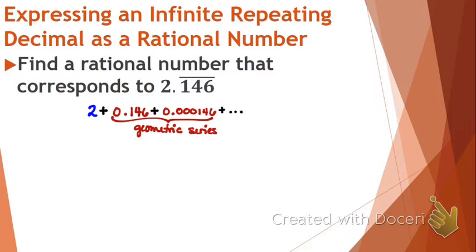What is our r value here? 0.001. So I'm going to write it out similar to what we had before, moving that decimal place 1, 2, 3, 4, 5, 6 places.